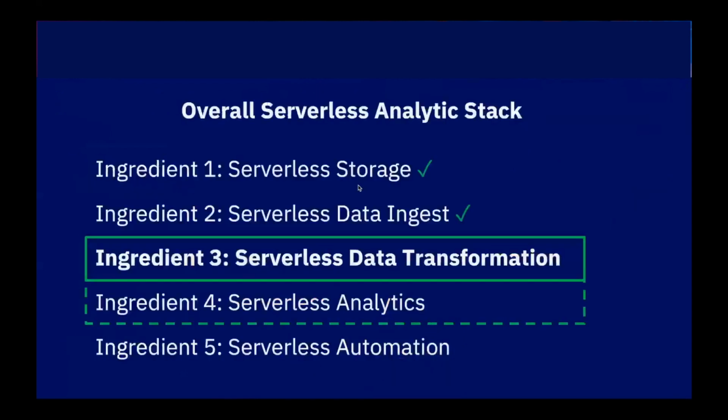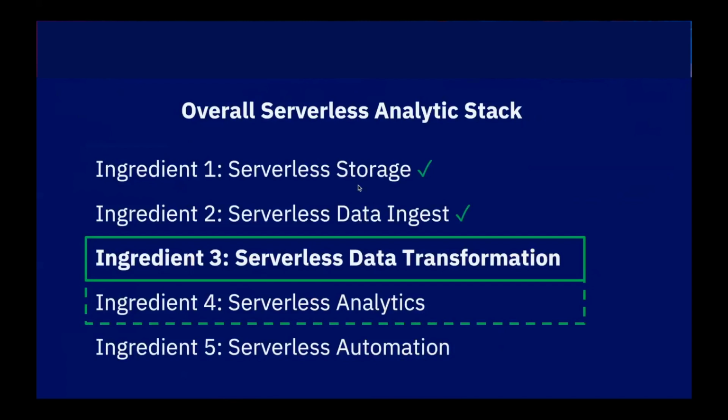Next, we want to look at the data processing and also a little bit of the analytics there. This is not 100% two separate things, even though there are two separate problems. One is how do I transform and prepare data, and the other is how do I conduct analytics. But as you will see, we have a service eventually that can do both. That's why there's a little bit of a dotted box here.